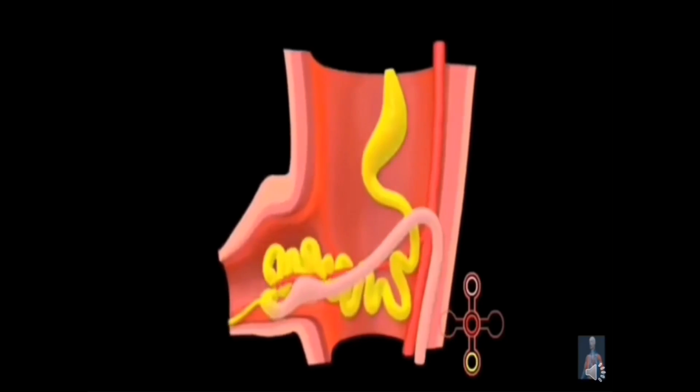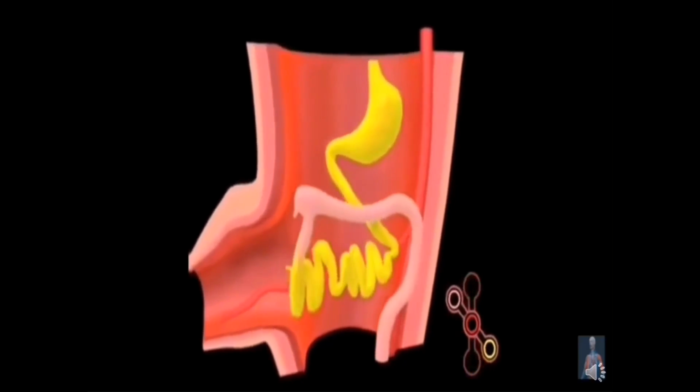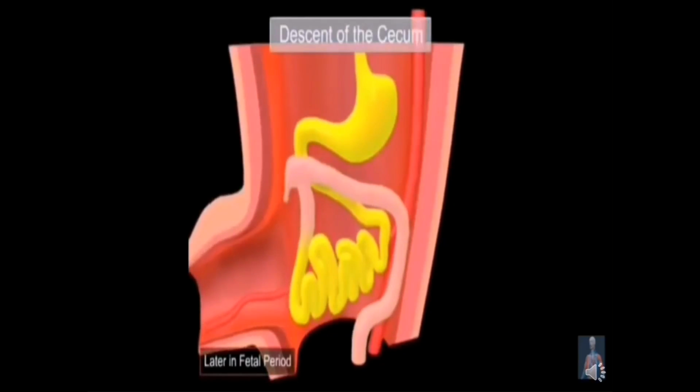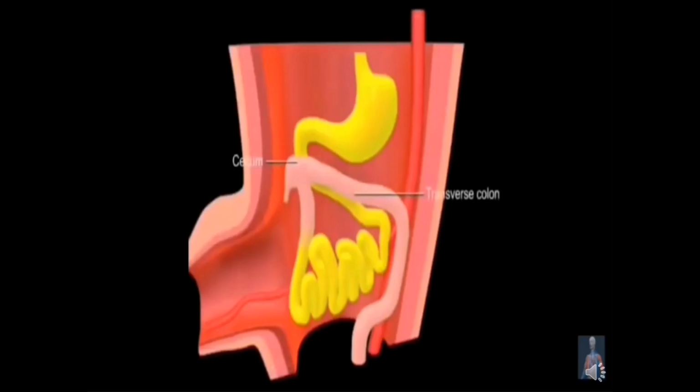Then the third 90-degree rotation of the intestine at the 11th week of embryo. Finally, the descent of the cecum occurs at the later stages in the fetal period.